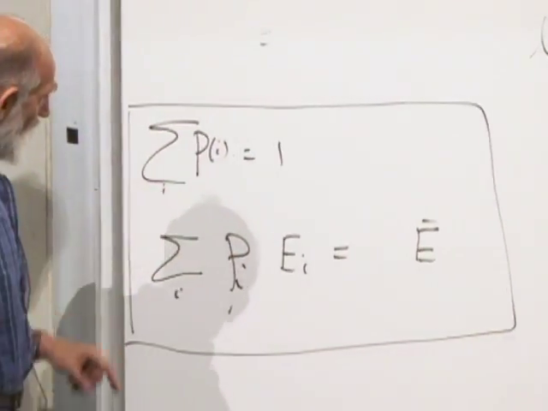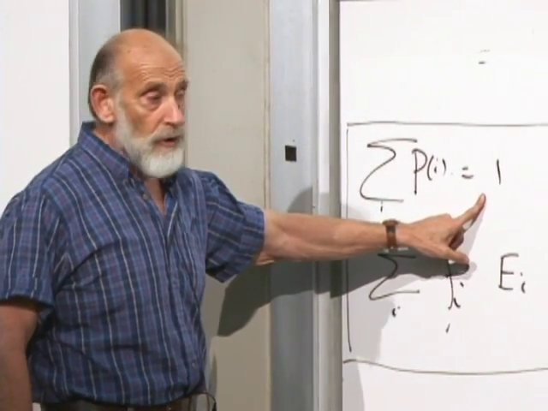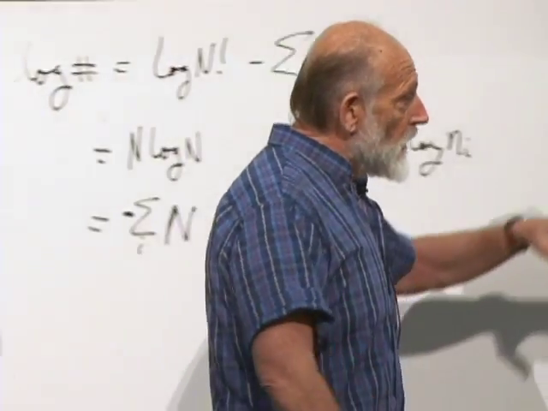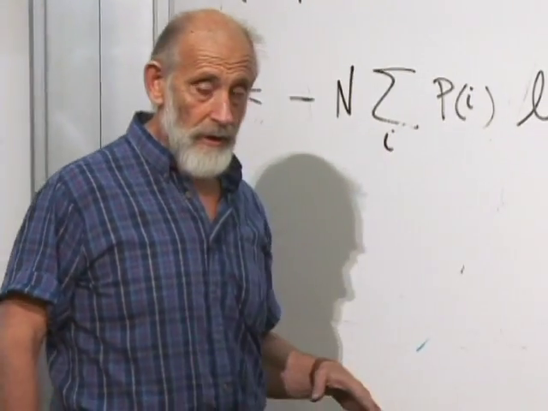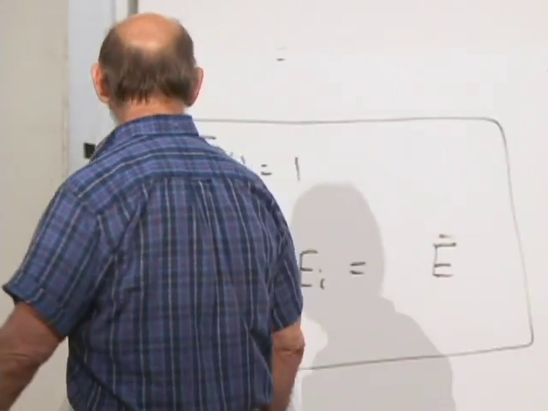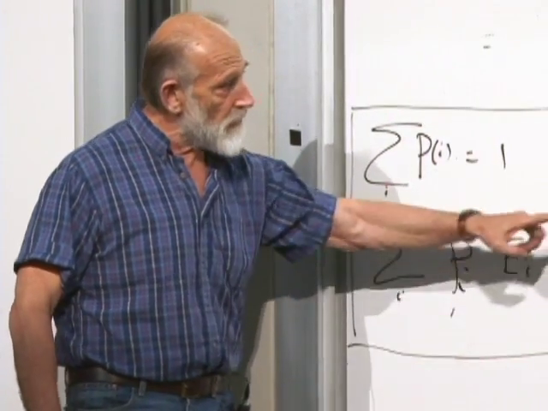The first constraint is that the sum of the probabilities add up to 1. So when we're varying and trying to find the maximum of this, we have to keep two things fixed: the sum of the p's equals 1, and the sum of the p sub i, e sub i's is equal to e.